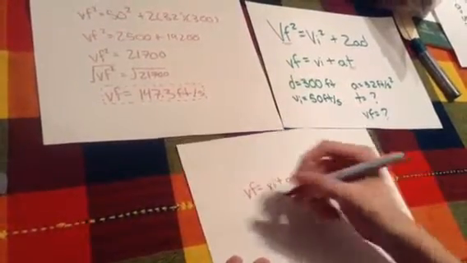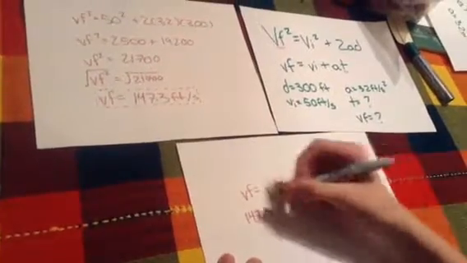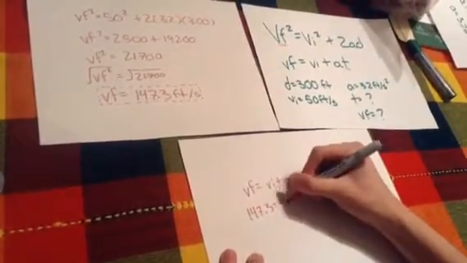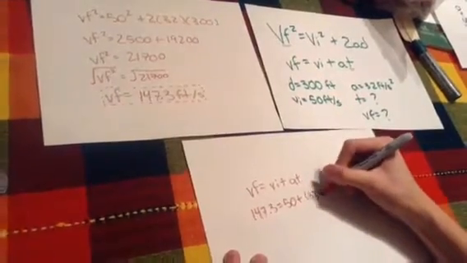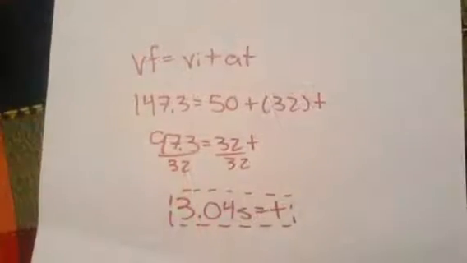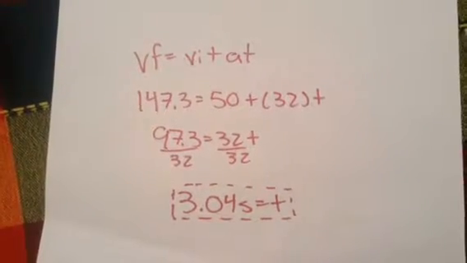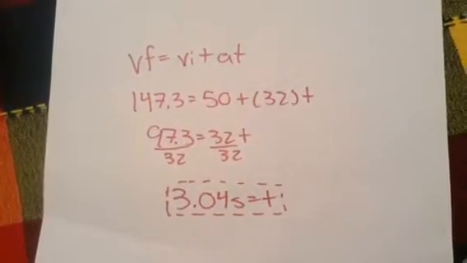So we know that our final velocity is 147.3 feet per second equals 50 plus 32 is our acceleration, and we don't have time. So now we solve for time. After we substitute everything, we get 3.04 seconds, and that is our answer for letter A, our time.